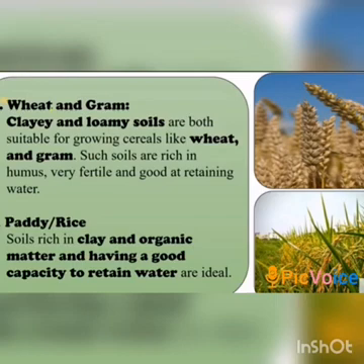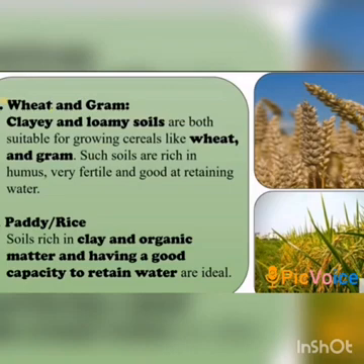Okay, then next, for paddy, which means rice. Which soil is apt for growing paddy? The soil which is rich in clay and organic matter and has a good capacity to hold water is ideal. Okay, children. For paddy also, the soil should be rich in organic matter.